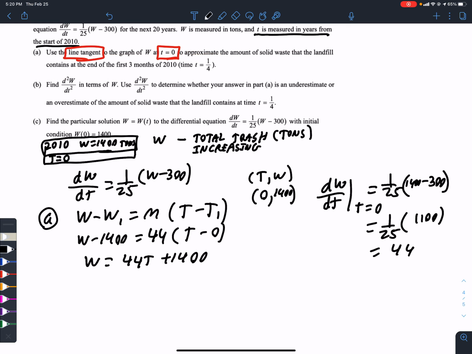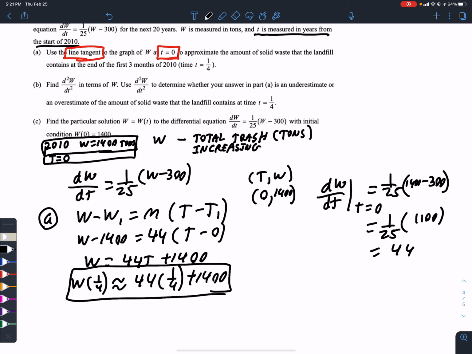So the amount of waste, W, at 1/4 is approximately equal to 44 times 1/4 plus 1400. That's it. You don't have to go further than that, because if you simplify that incorrectly, you will lose the point you already had. So you shouldn't be simplifying it, but it's going to be 1,411 tons. Okay?